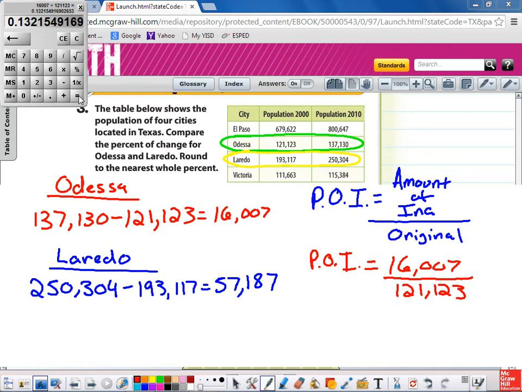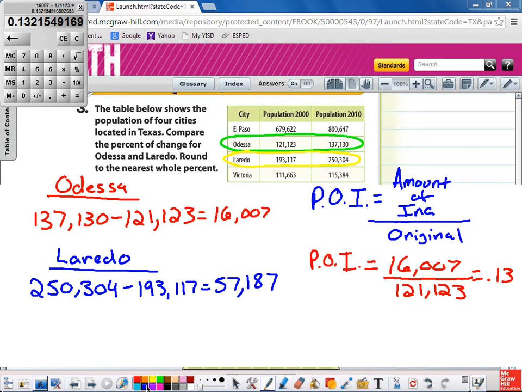And that is going to give me a decimal of roughly 0.13. Okay, so that is for Odessa.